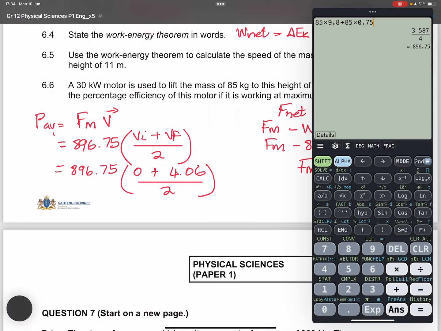So that will be multiplied by 4.06 divided by 2. And I get an amount of power there to be 1820.4, yeah, let's say 0.4 watts. Okay, now this is the amount of power that will be exerted by the motor.